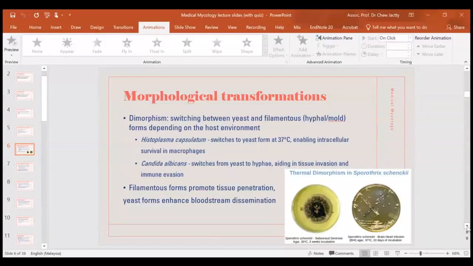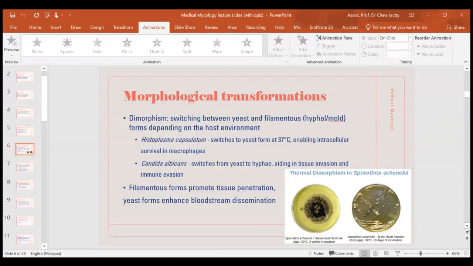Typically, if you look at Histoplasma capsulatum, the yeast growth stage helps the fungi to spread in the bloodstream. So this is the advantage of the yeast form. But the mold form, the hyphae structures, help the fungus to invade tissue and evade immune responses.